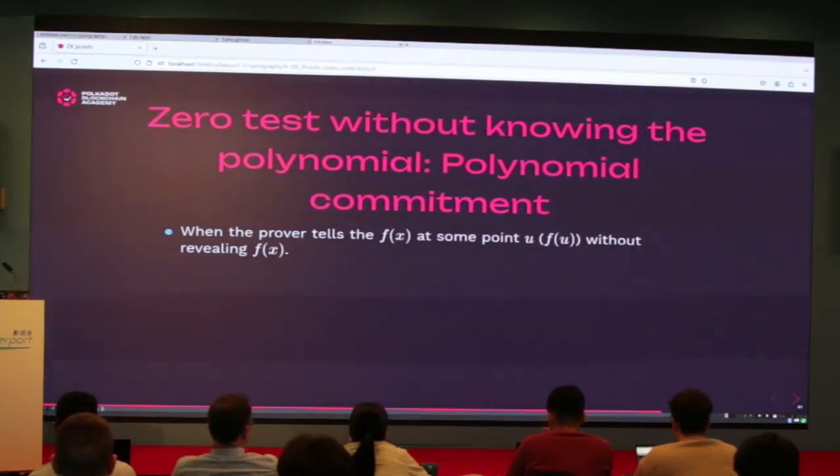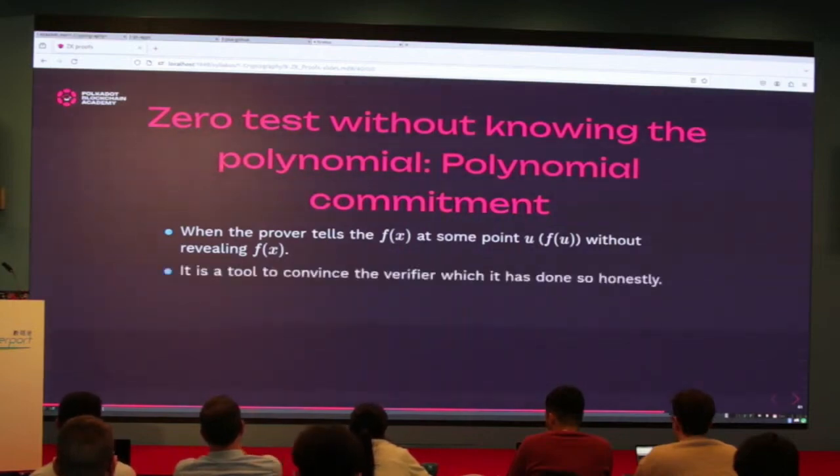I have to compute it correctly, and you should be satisfied that I didn't lie. So that is the tool that polynomial commitment gives us: you can force me to evaluate a polynomial honestly, so that when I tell you f(u), I don't just generate some random number and give it to you.